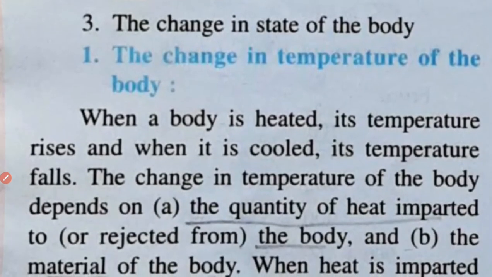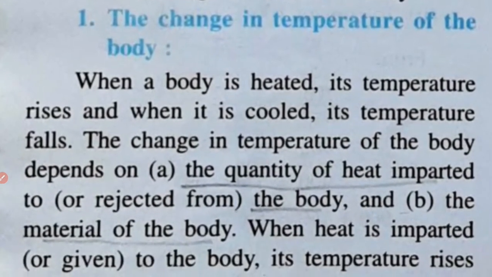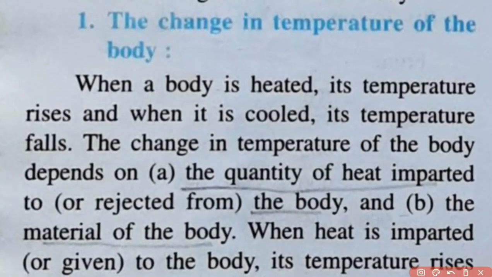Now coming to the first point, which says the change in temperature of the body. So when a body is heated, its temperature rises, and when the body is cooled, its temperature falls. Now the question arises, why?